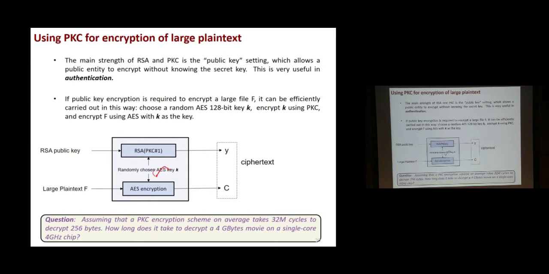This is the final ciphertext. The receiver who knows the private key can decrypt Y to get the AES key and then decrypt the large file. This is how it's done in practice.